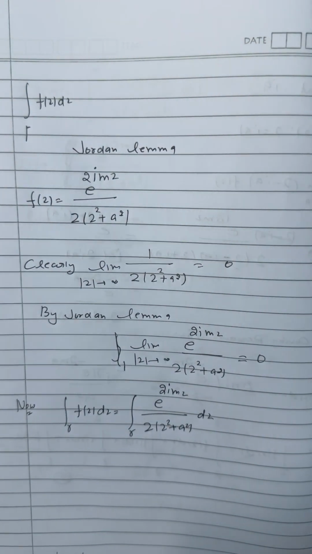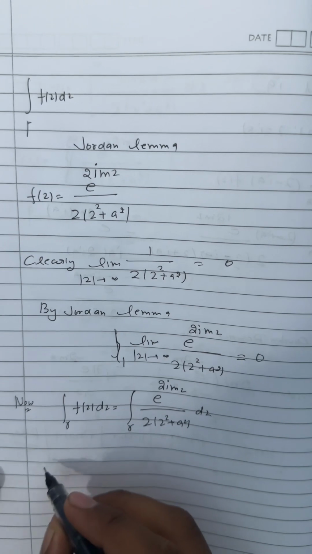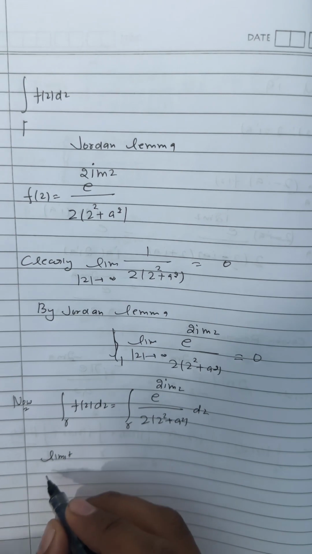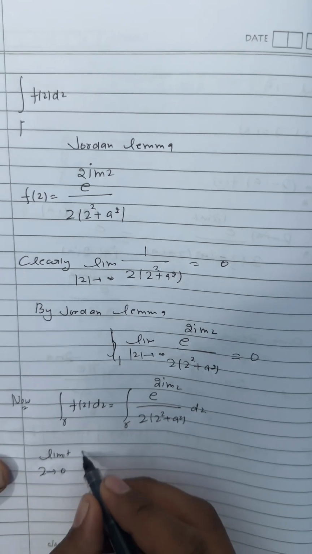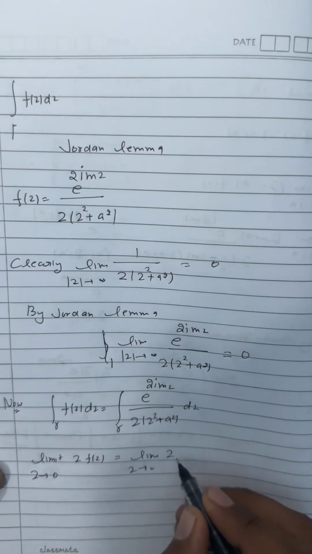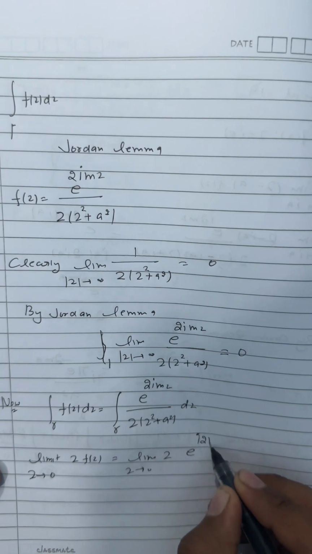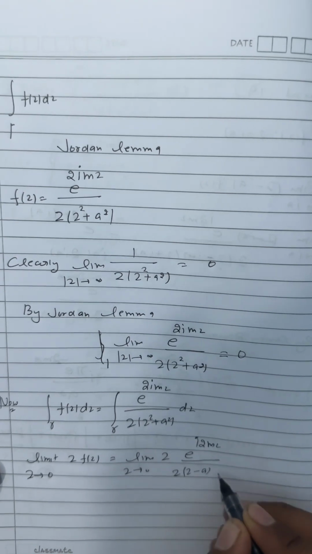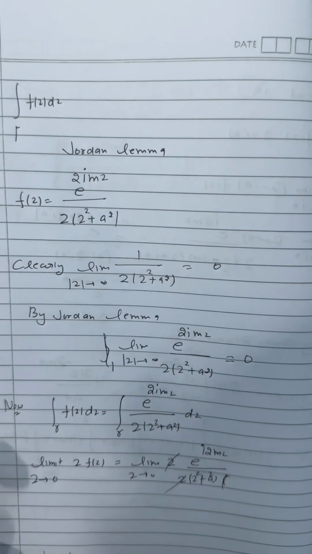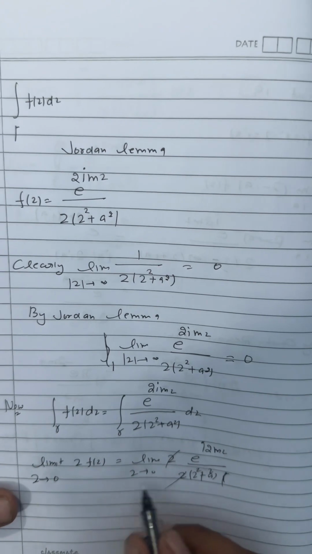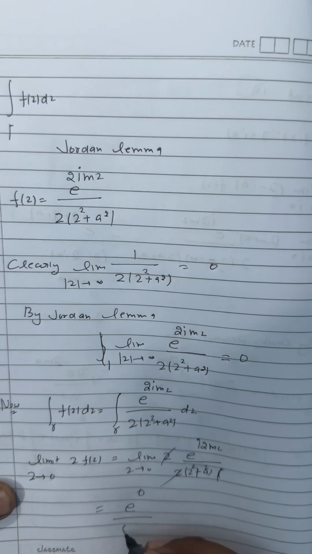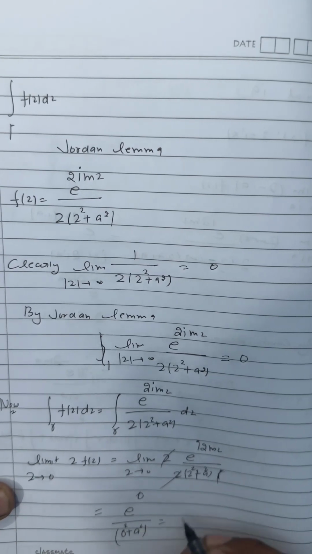For this I have to calculate the limit of z tending to 0, z times f of z, which is limit z tending to 0, z times e raised to power iota 2mz divided by z minus a, z square plus a square. Let's cancel this z. So put z equal to 0: e raised to power 0, over 0 square plus a square. This is 1 by a square.